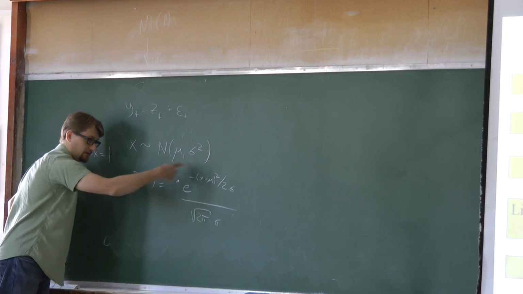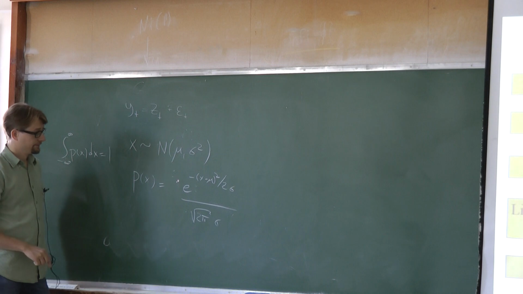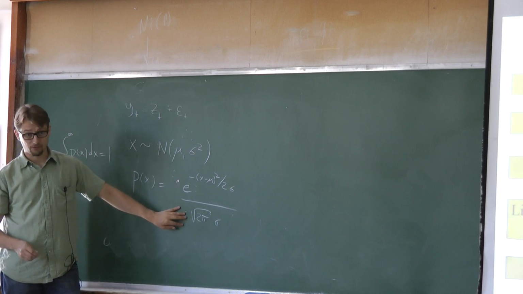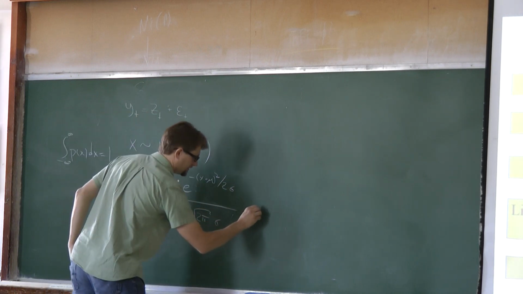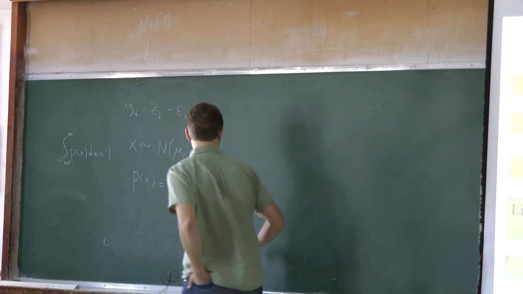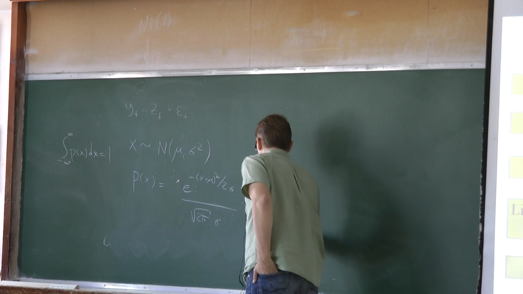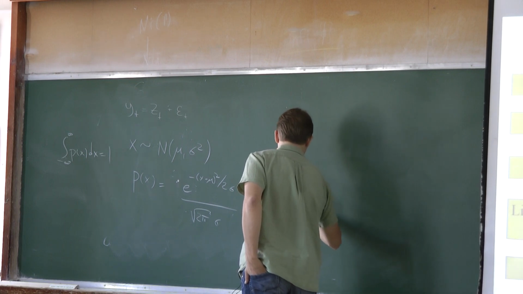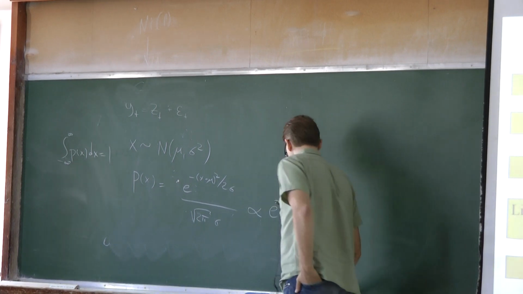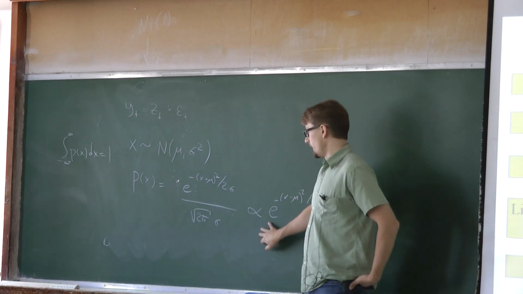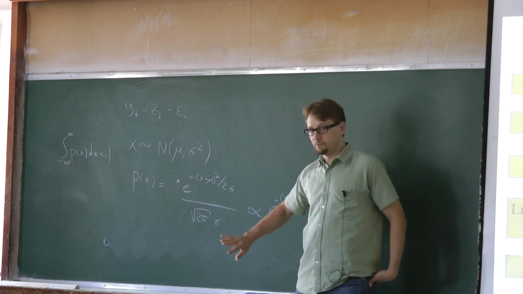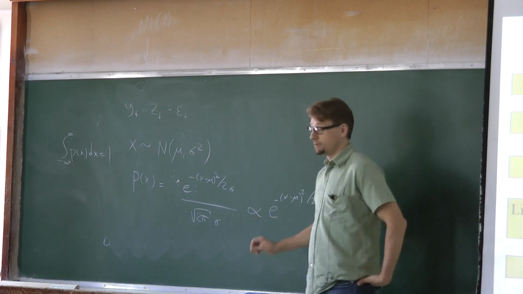If we look at this as a function of x, we see that what's below doesn't depend on x at all. So we can say that this is proportional to e to the minus (x minus mu) squared divided by 2 sigma. This is something that we need to do often when we do derivations.